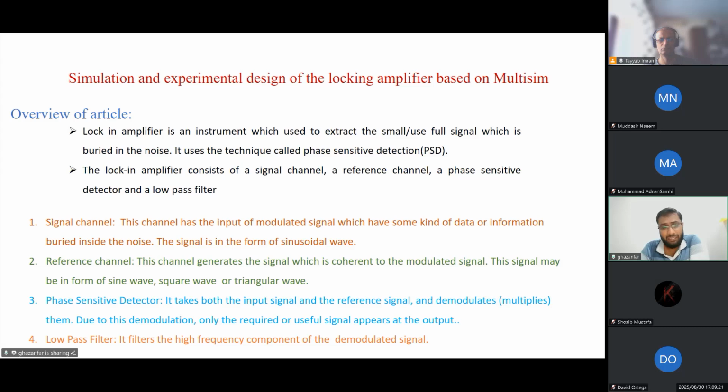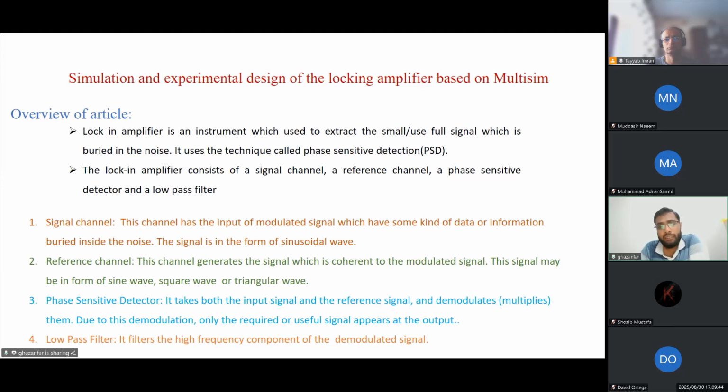Firstly, the signal channel. This channel is the input of the modulated signal, some kind of signal which is buried inside the noise. This signal may be a sinusoidal, triangular or square waveform.